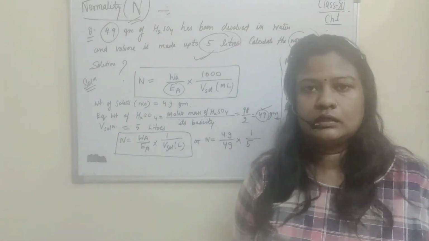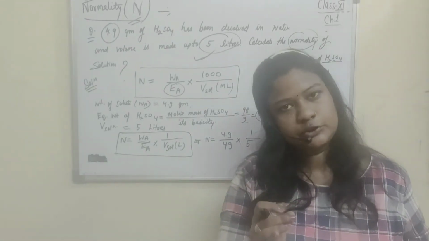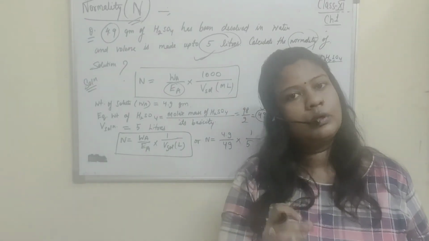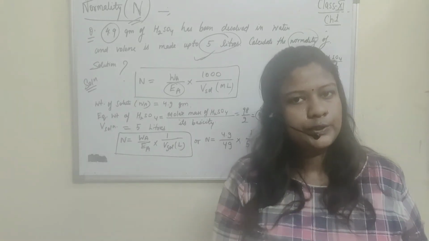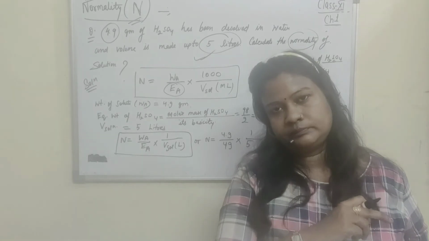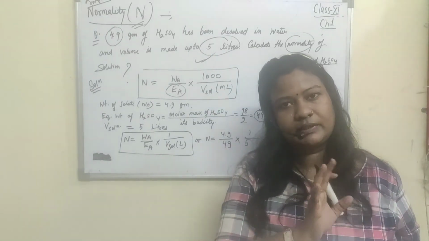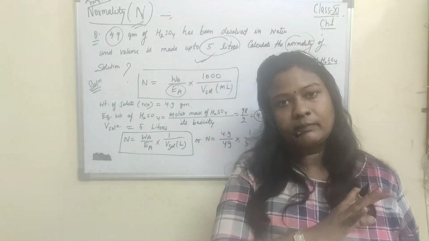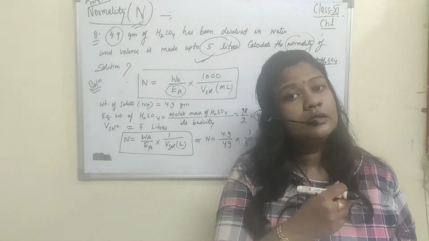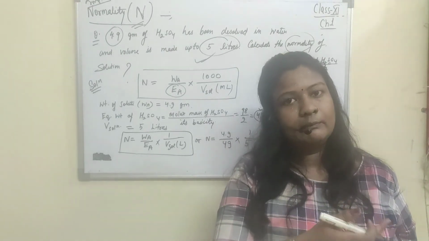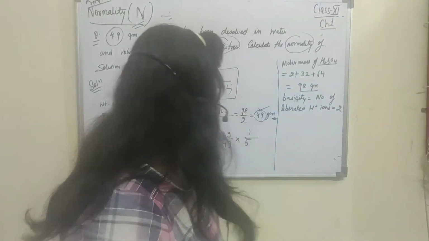First of all, it's very important to know whether the volume of solution is given in ml or liter. If it is given in liter, then there is no need to change it. But if it is given in ml, then you have to change it into liter by dividing by 1000. Okay, so remember this.